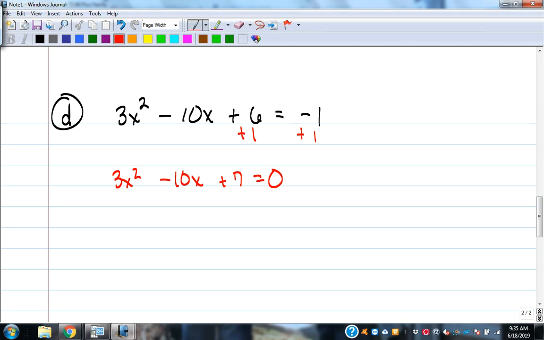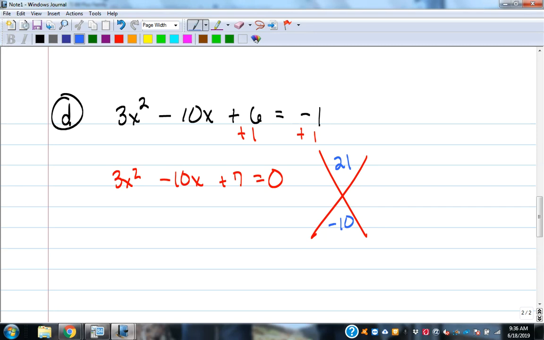And then we look at that and say, okay, it's got 3 terms. Is there a greatest common factor? 3, -10, and 7? No, nothing goes into all of those. So I'm going to do the X method. The top number will be 3 times 7, 21, and -10 is the middle number.